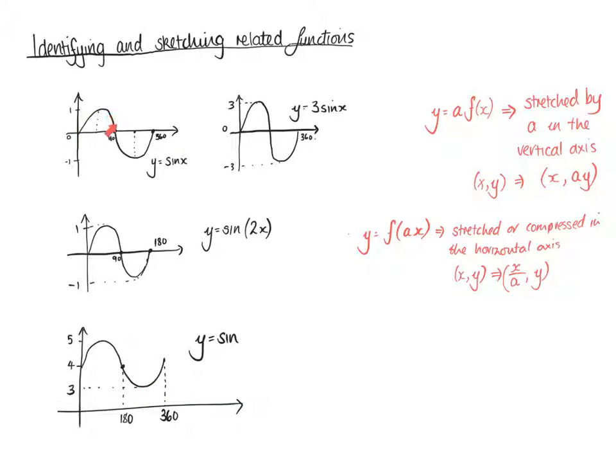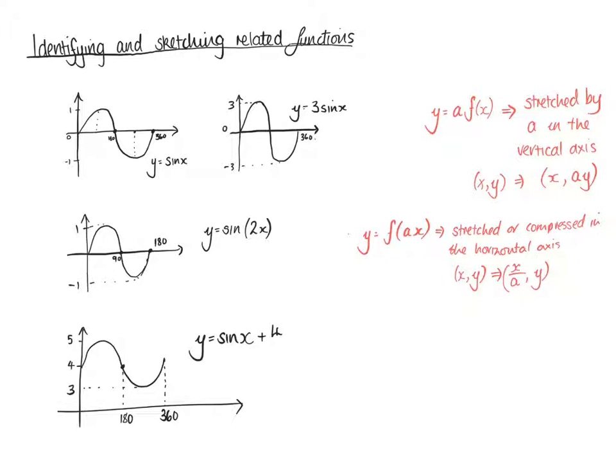See, it's still up 1, down to the same, down 1, back up 1. So it's still sine x, but what's happened is instead of being at 0 at the start, down here, it's now up at 4. So we've moved it up 4, or we've moved it 4 in the positive direction. So we've done y equals sine x plus 4.